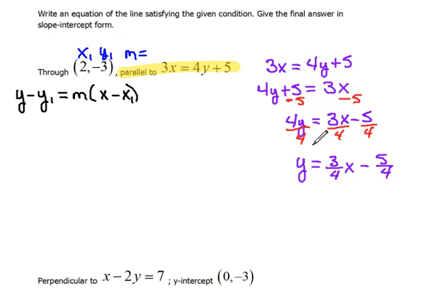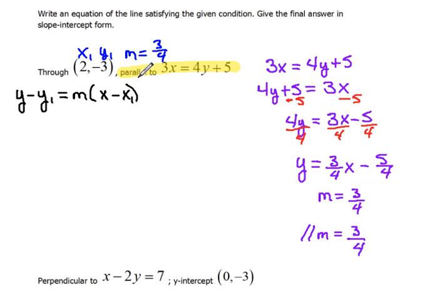Well, the slope of this line is 3/4. We can read that because that's in the m position in this form. The slope parallel to that would have to be the exact same slope of 3/4. That tells us that we're going to be using 3/4 as the slope in our line.